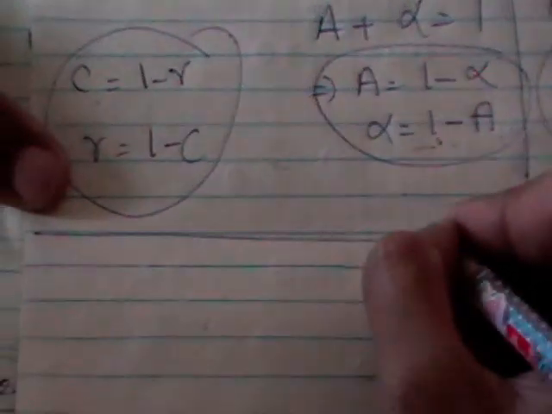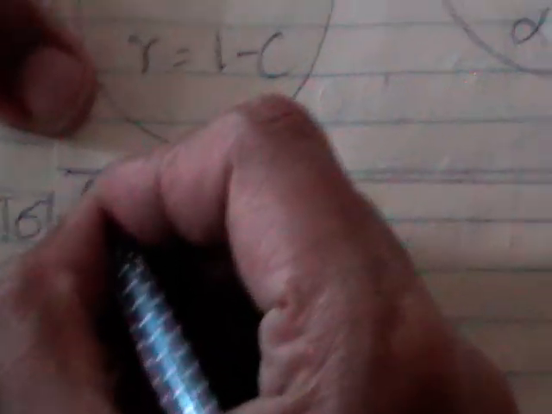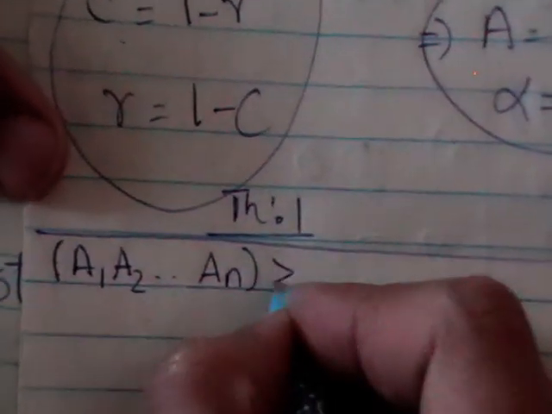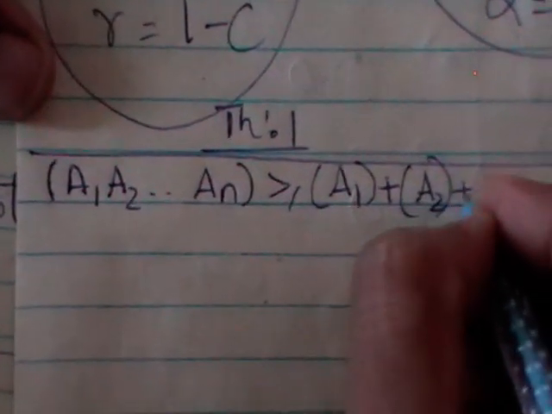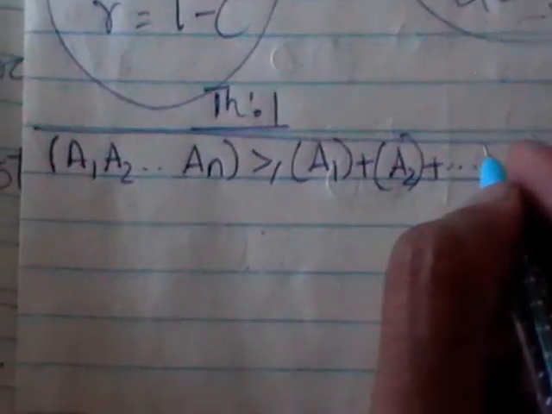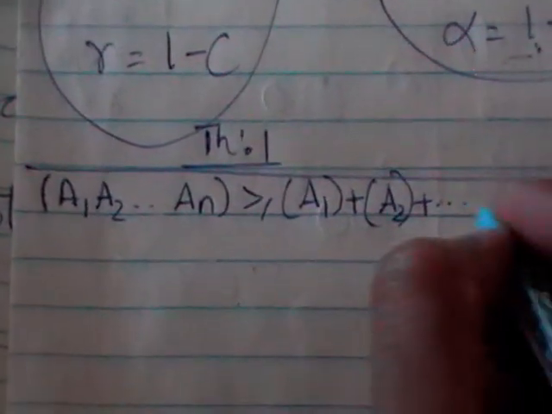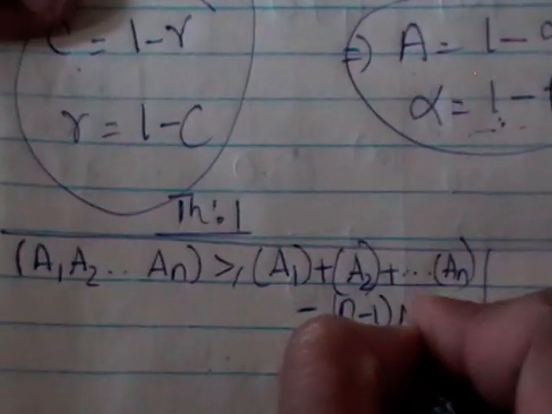Using this, as I said, in this chapter we are going to deal with only 1, 2, 3 theorems. Among those, I am going to deal with the first theorem, which is: for n attributes, the statement is bracket A1 A2 so on An is greater than or equal to bracket A1 plus bracket A2 plus so on bracket An minus (n minus 1) into N. This is a statement.